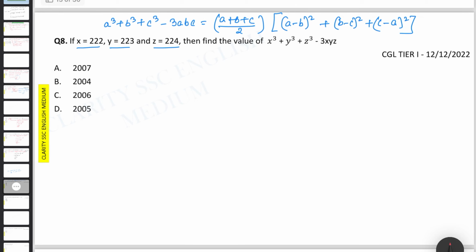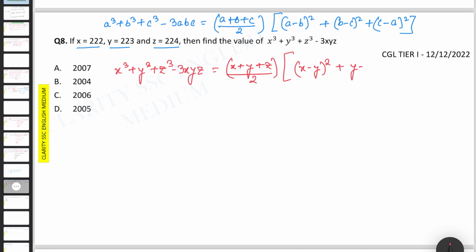So here in the question, x cube plus y cube plus z cube minus 3xyz is equal to (x plus y plus z) divided by 2 into (x minus y) whole square plus (y minus z) whole square plus (z minus x) whole square. This is the fourth formula that we have discussed.